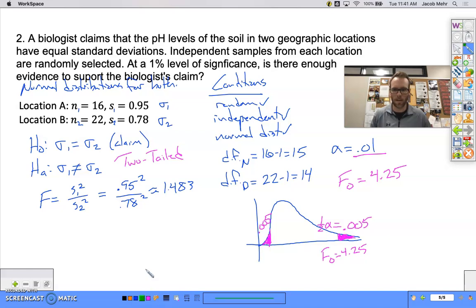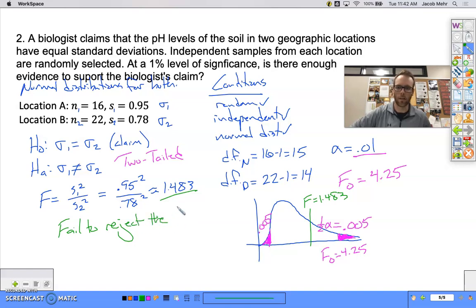So what was our test statistic? It was this, 1.483, which is not there yet, is it? So this means we will fail to reject the null hypothesis. And the null hypothesis is the claim in this case.